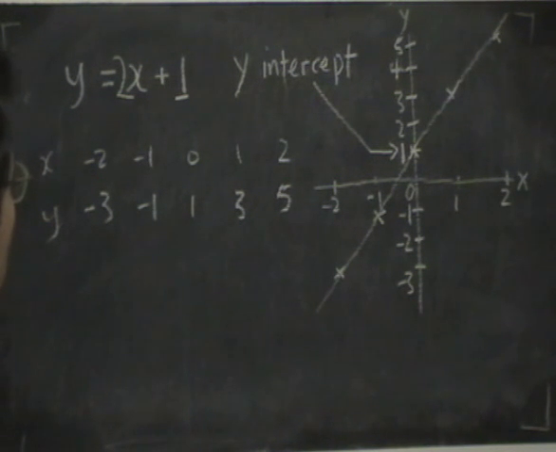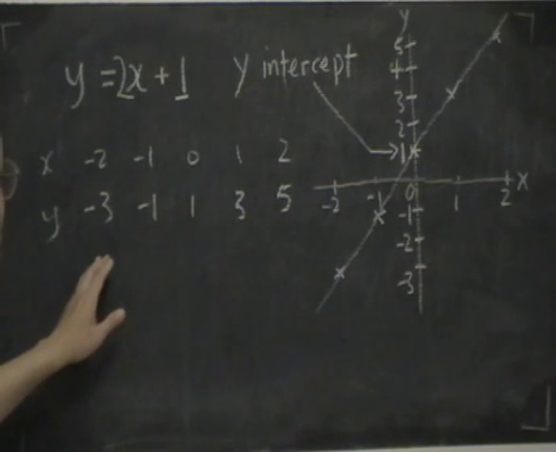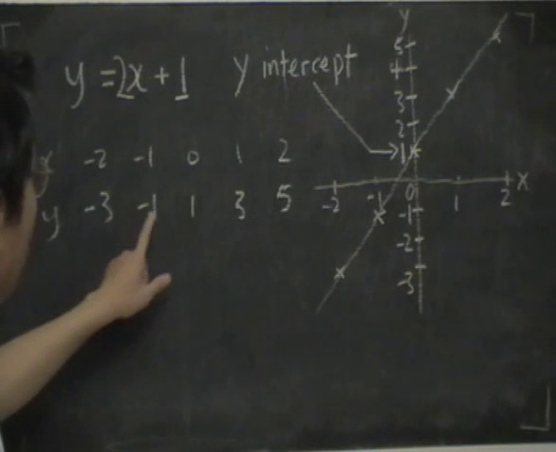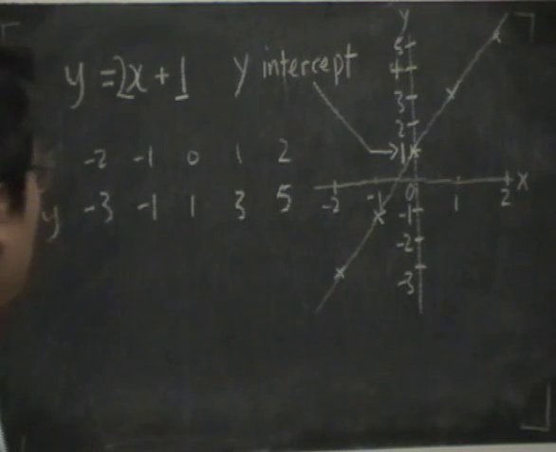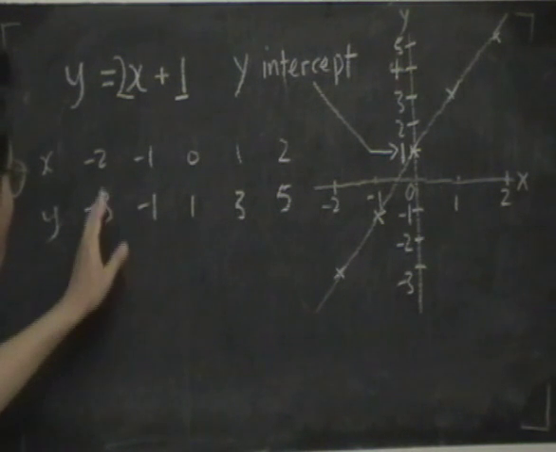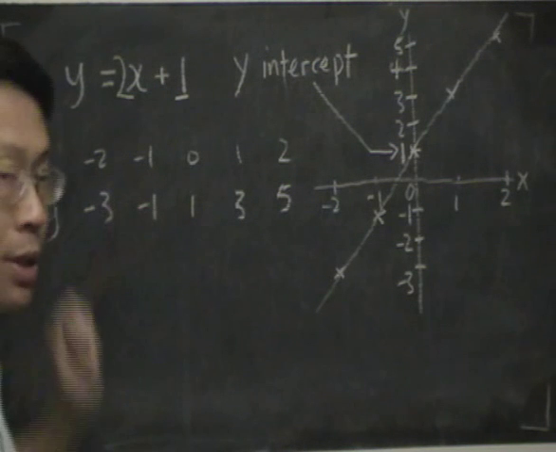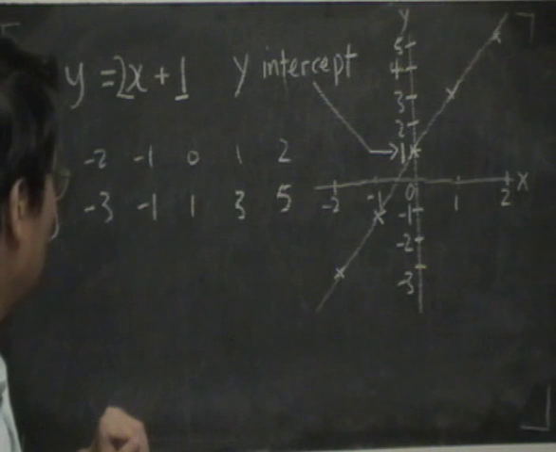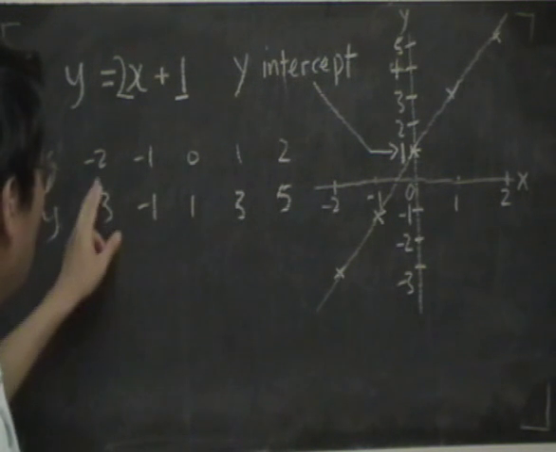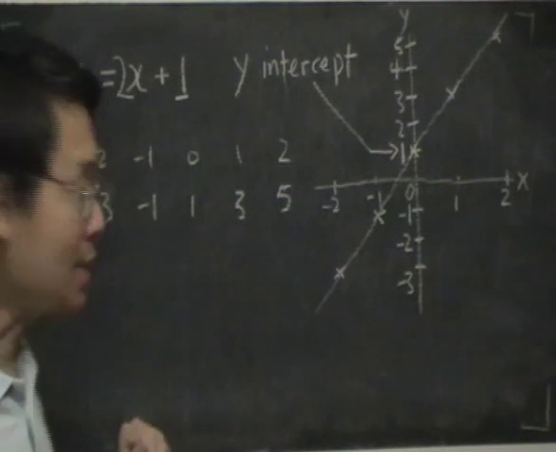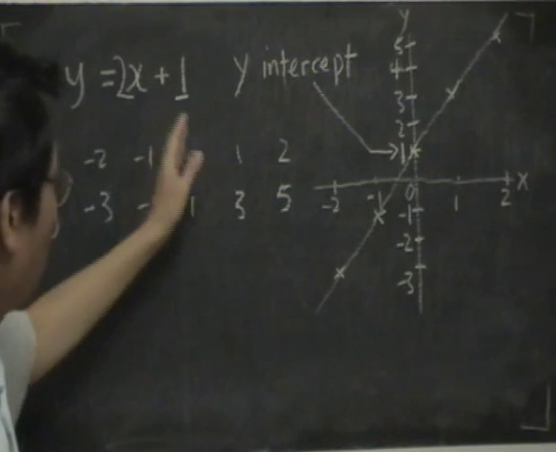Now, to see what that means, look at these numbers here. You see that when x goes from -2 to -1, y goes from -3 to -1. The numbers x there increase by 1 each time.